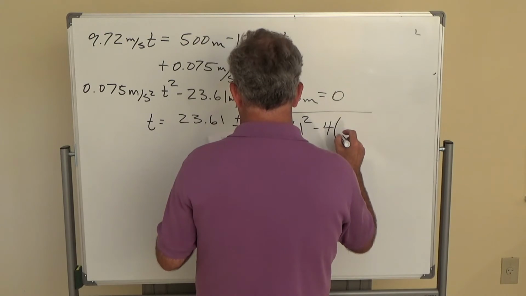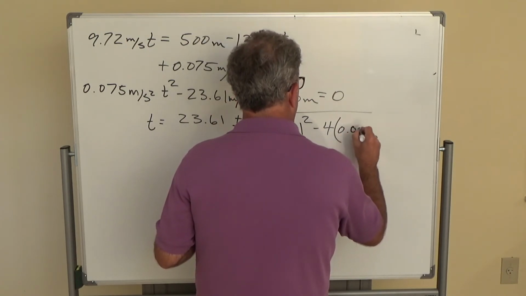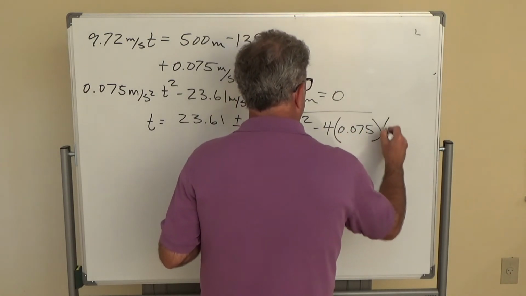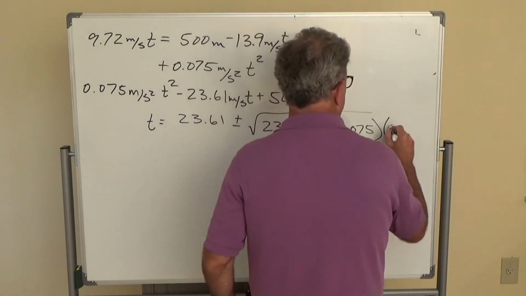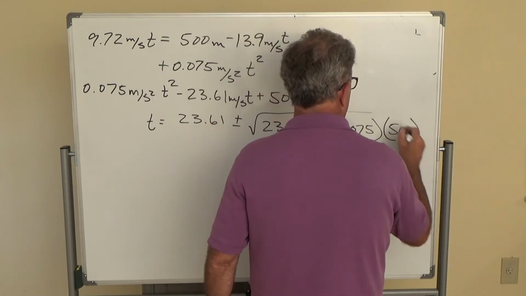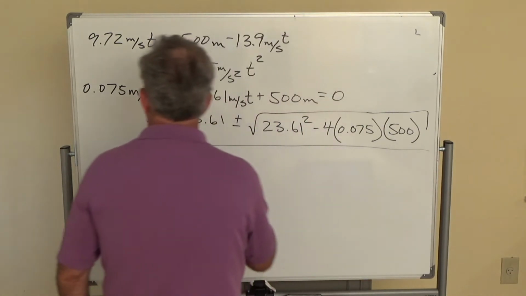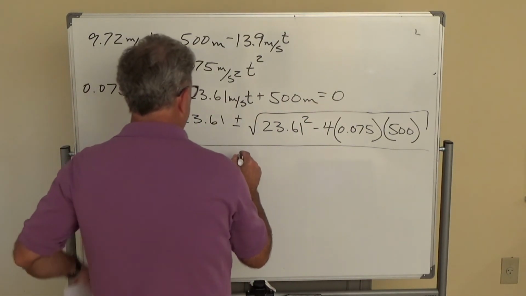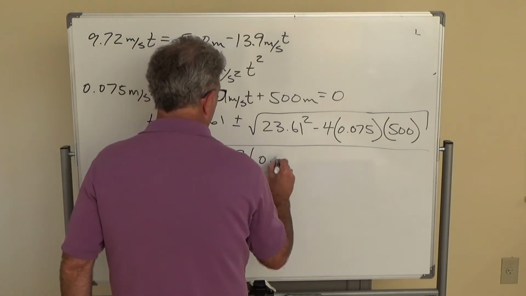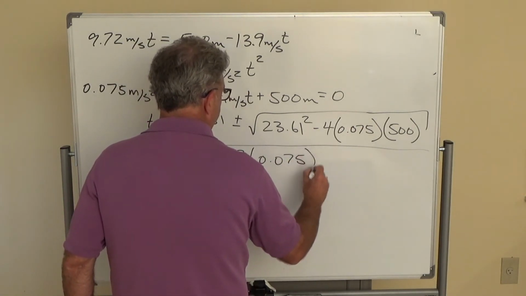A is 0.075, C is 500. All of that over 2 times A, so 2 times 0.075.